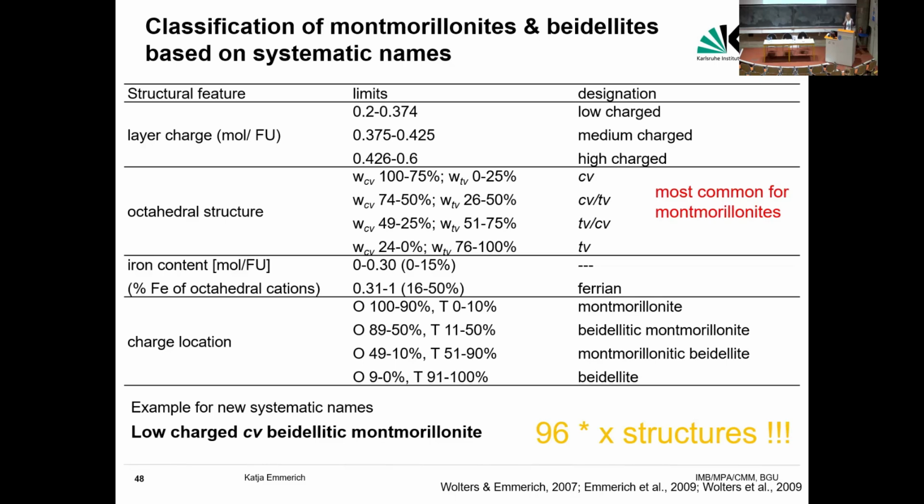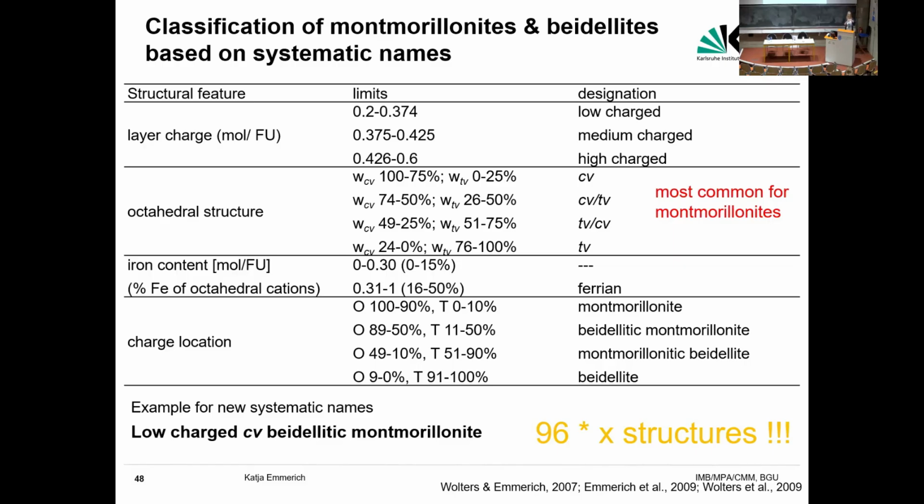And those different structures have different properties. Those different properties can be related to layer charge and cation exchange capacity, thermal stability depending on the iron content or the structure of the octahedral sheet. And also on direction, if you apply moderate heat and you want to study the collapse of the interlayer.